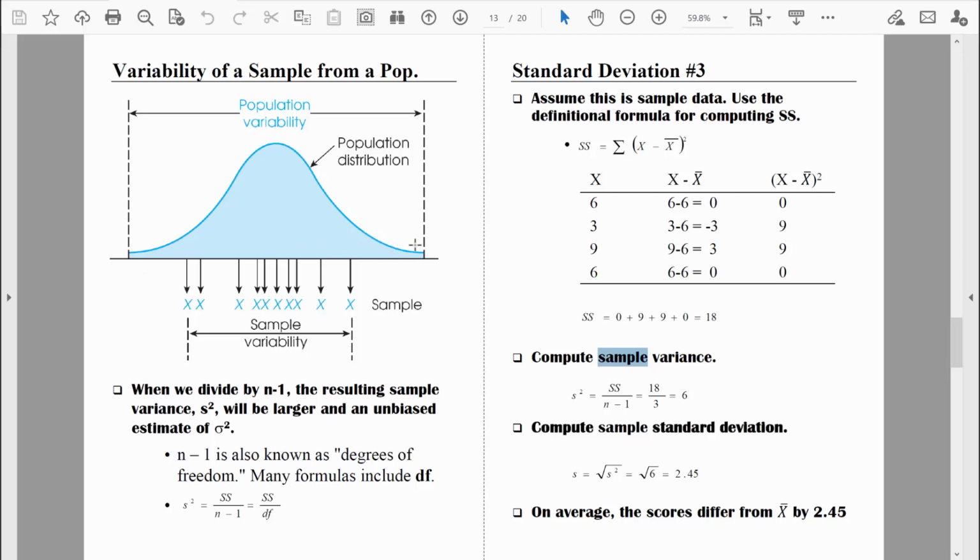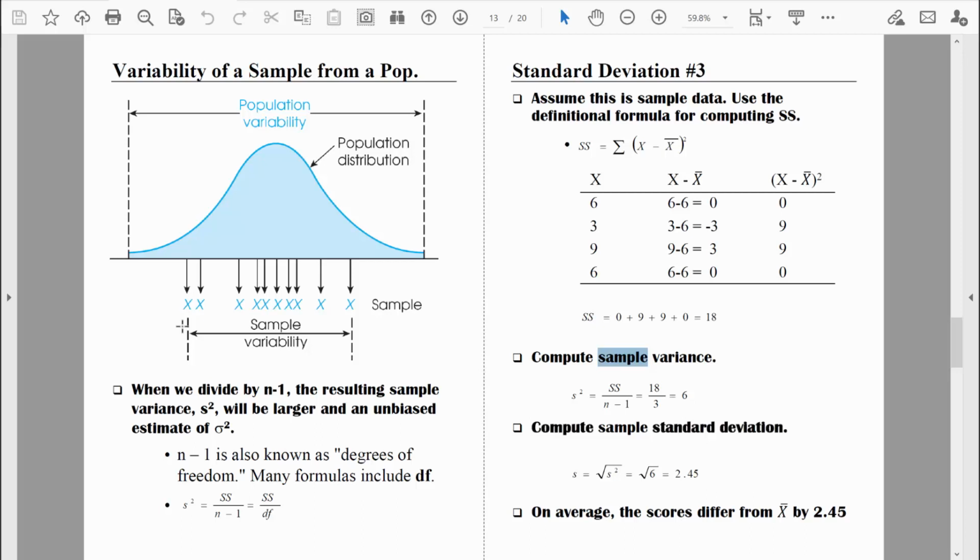But because there are so few people out here on the high end and so few people out here on the low end, depending on our sample size, particularly if it's not a very large sample size, they might not get to be selected for our sample. So one thing that we know is that even when we randomly pick people to be in our sample, the variability that we see in a sample tends to be less than the variability that exists in the population.